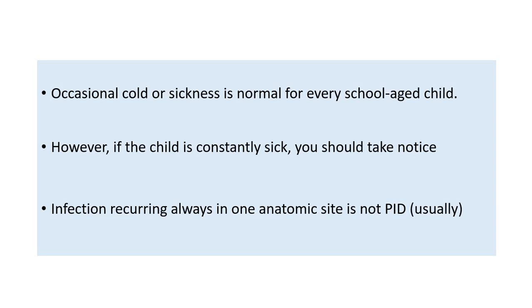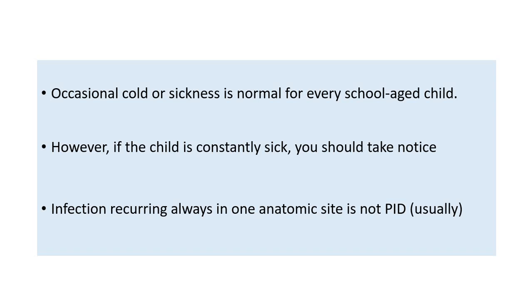Also, when infection is always recurring at one anatomical site, that will not raise my suspicion for immune deficiency. Like if somebody is always sick with suppurative tonsillitis, this is not an immune deficiency.